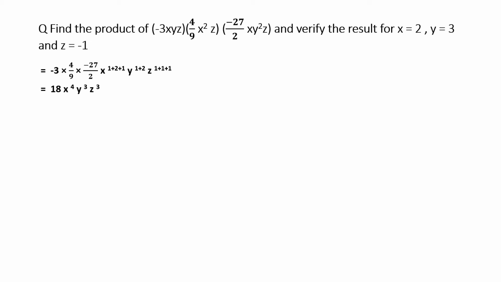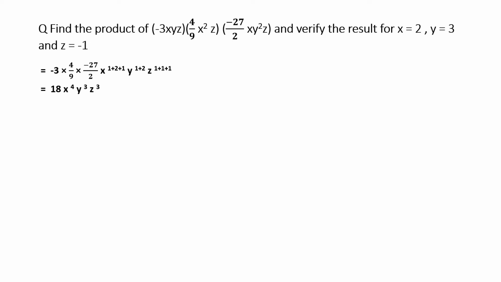Now we have to verify this. Verification means, listen carefully students, whatever result you have obtained after the multiplication of the monomials, you have to put the values in this result, which will become your RHS. 18x raised to power 4, y raised to power 3 and z raised to power 3 will become your right hand side.